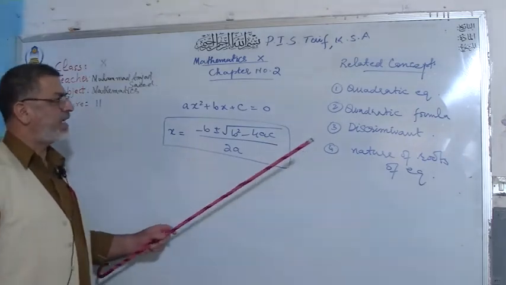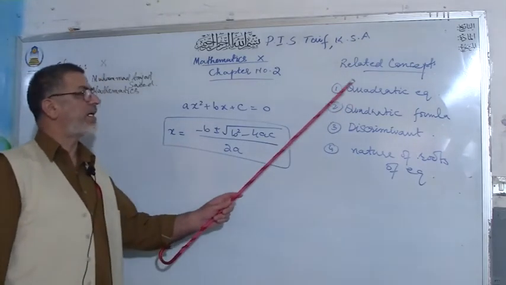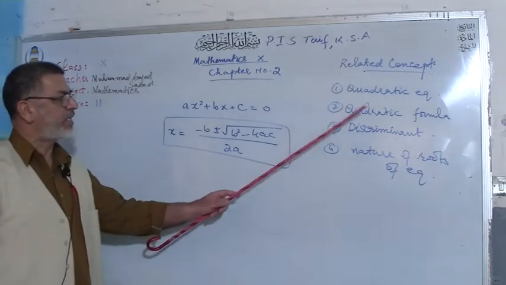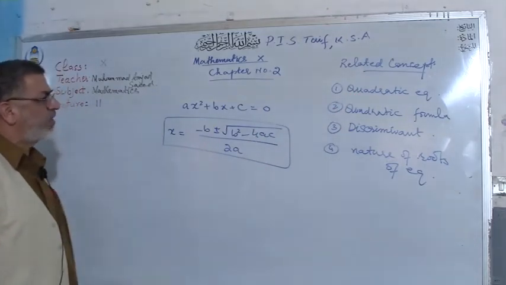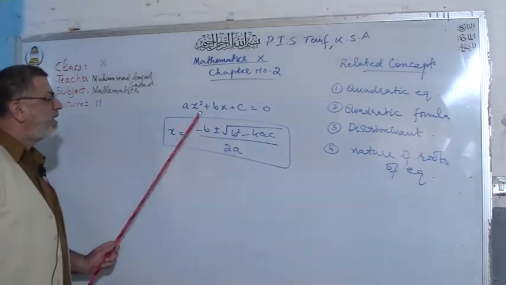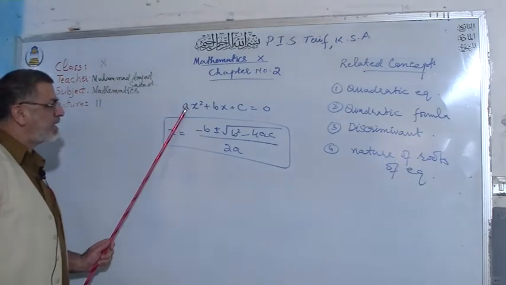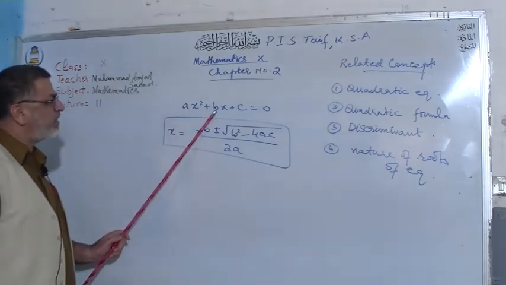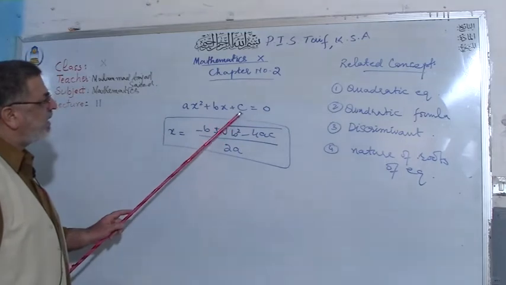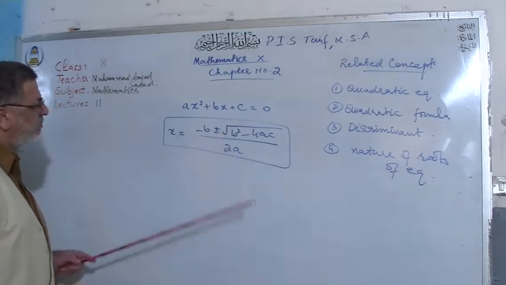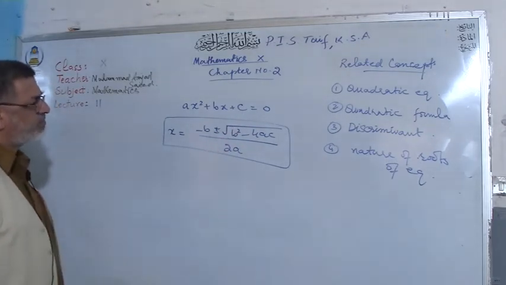Again I am repeating, the solution set of standard quadratic equation is quadratic formula. And you remember that a is the coefficient of x square, b is coefficient of x, and c is constant. So we will use these values here.